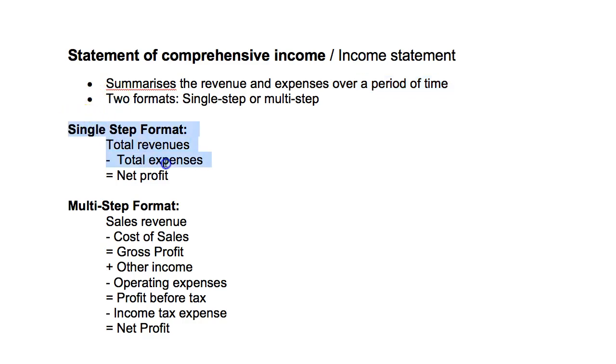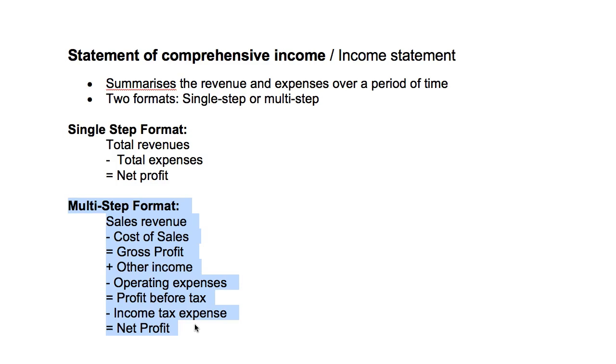The single step is this basic format where you have all the revenues at the top, then you minus all the expenses underneath, and you get the net profit. This might be suitable for a business that provides a service to their customer. The format I would like you to use is the multi-step format.